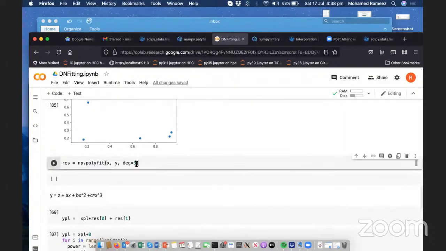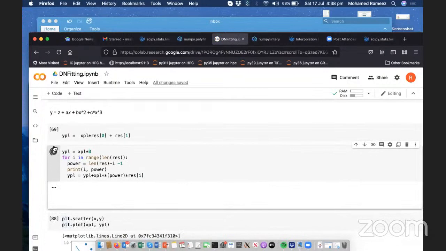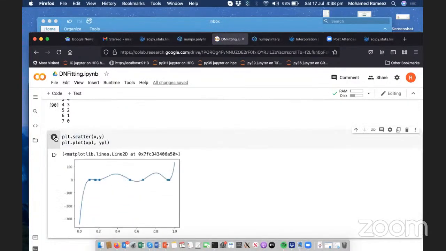I can fit a 7D polynomial to it. If I were to do that, let's examine what's happening. You see it goes through every point exactly.